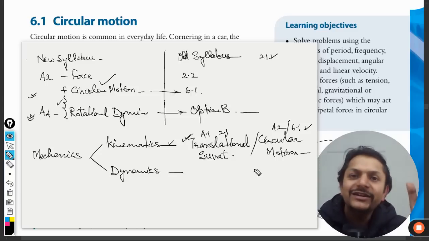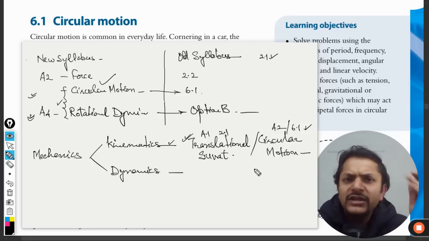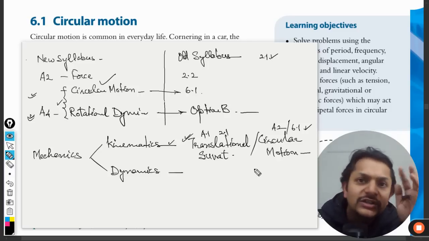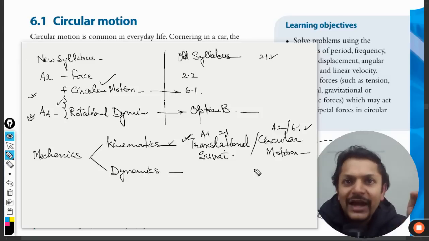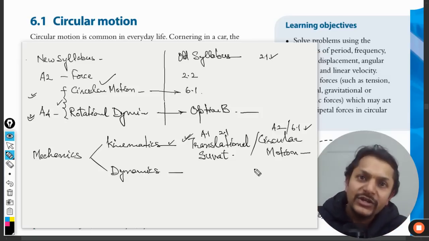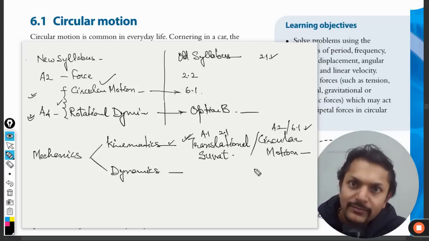We only consider the accelerations, rotational velocity, like circular velocity, angular displacement, angular velocity, angular acceleration, tangential acceleration, and also the SUVAT equations in circular motion. In the earlier syllabus it was not added there, but in the new syllabus they have added the kinematical equations into circular motion. So we will be looking forward to that.